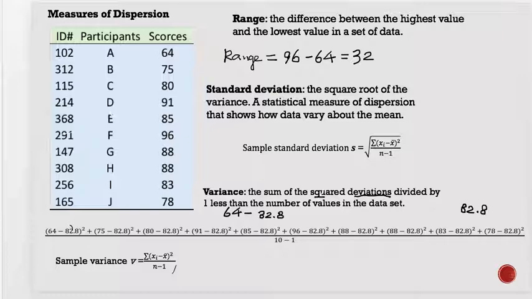This is sigma of x sub i minus x bar, the mean, squared, divided by n, where n is the number of data points, minus 1.